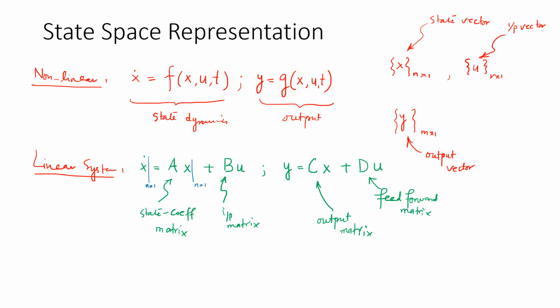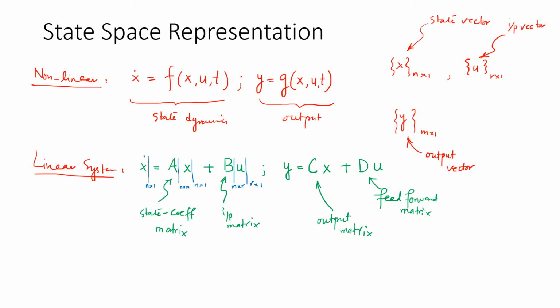And if u is r by 1, this is going to have an effect on the size of B, and B is in that sense going to be n by r sized, and similarly A is going to be n by n.